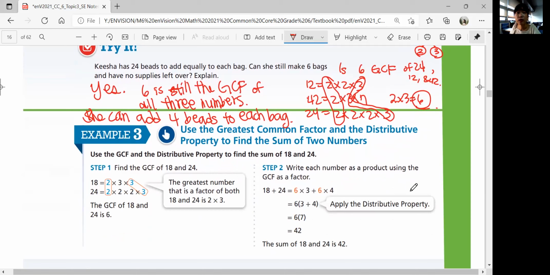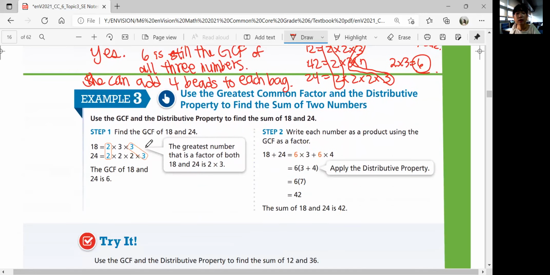Example 3, use the greatest common factor and the distributive property to find the sum of 2 numbers. So after you find the GCF, you can use the distributive property to find the sum of 2 numbers. Okay? How do you do that? Of course, you can just add them, but this is another way to find the sum of 2 numbers if the numbers are too big.